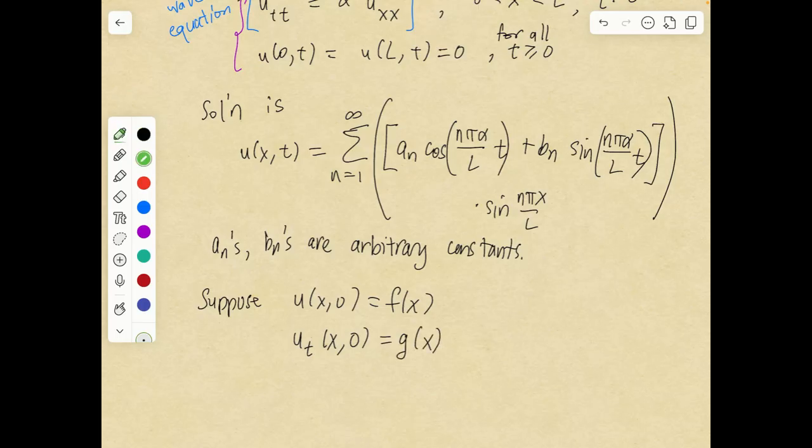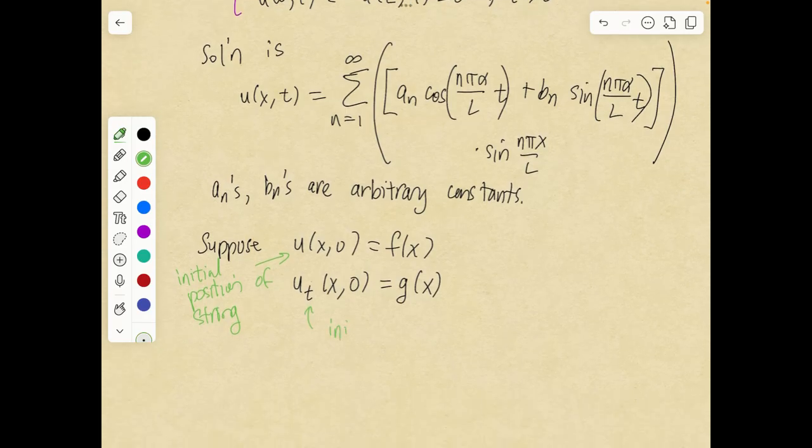So this u of x,0, that is the initial position of the string. And the u sub t of x,0 is the initial velocity of the string. Right? It's the derivative with respect to time, so it's the rate of change with respect to time. That's the velocity.